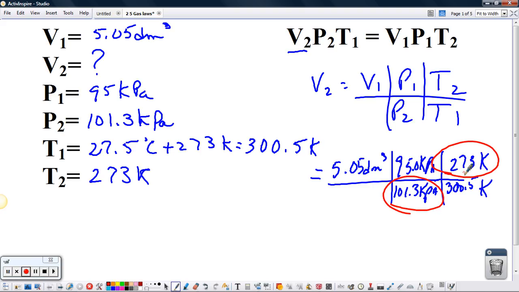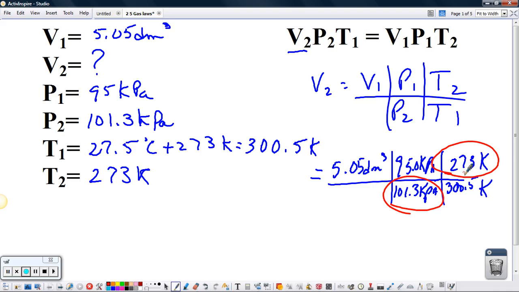Now, let's look at this. 95 divided by 100 is very close to, but a little less than 1. And 273 divided by 300 is a little less than 1. So if I were to calculate and come out with an answer that's 5 or greater, it's wrong. It's going to be less than 5.